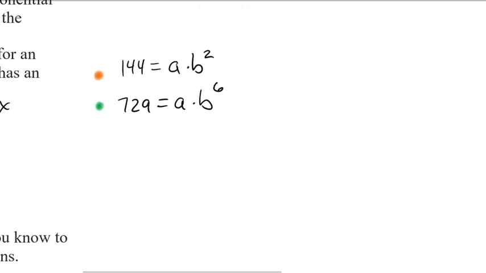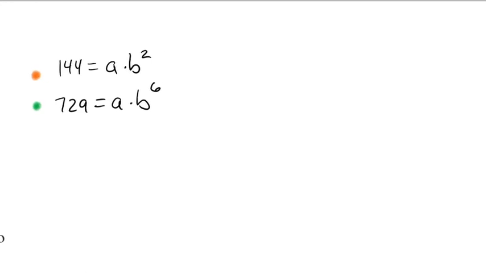How could I solve this? Well, looking at it, the first thing that I think of is I'm not going to be able to get opposites and make things cancel here, but I can solve each equation so that a is by itself, and then I could solve it using the equal values method. So in each one, if I was to get a alone, this top equation, I'm dividing both sides by b squared. It's going to become 144 divided by b squared equals a.